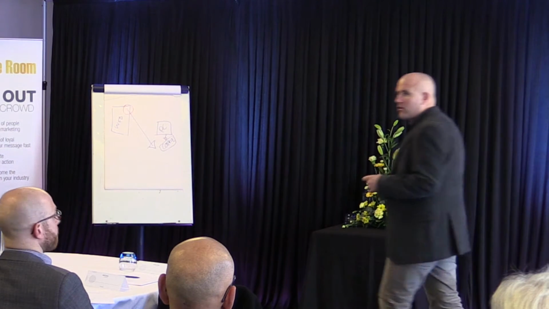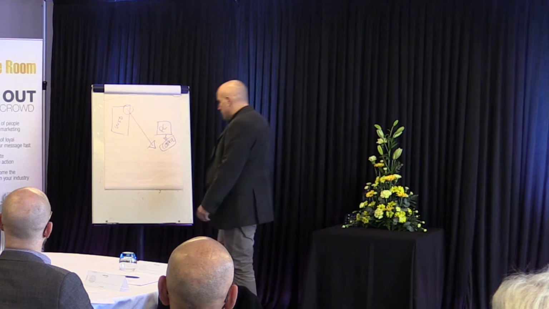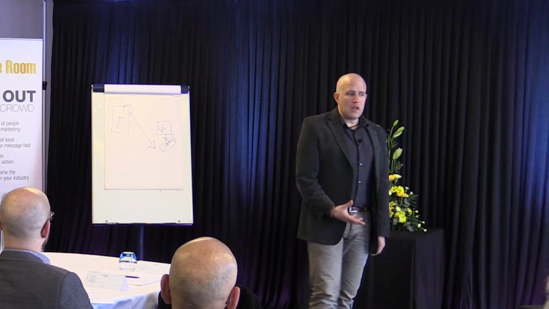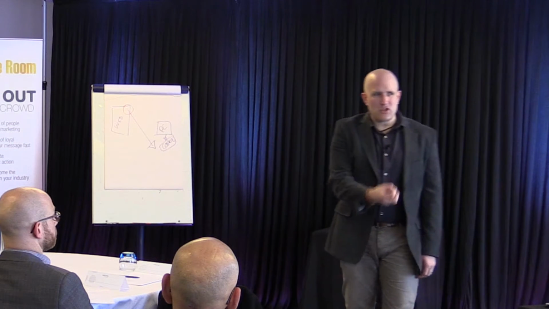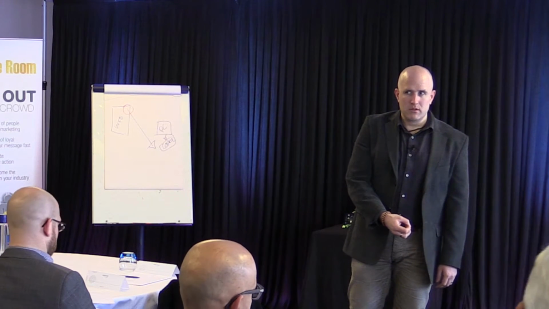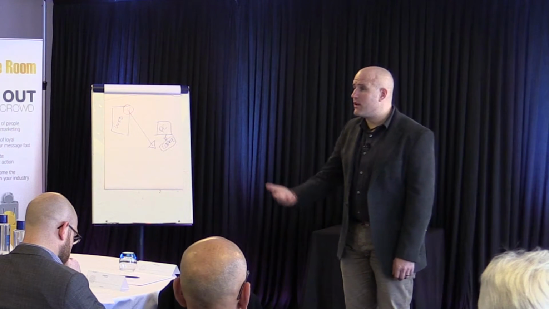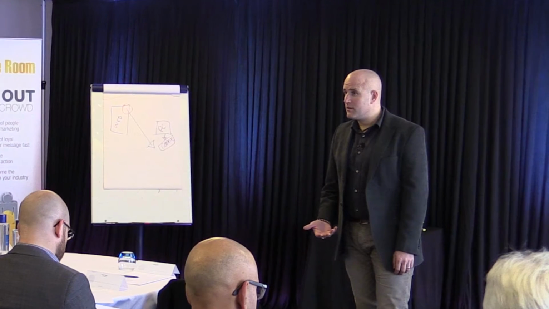The other way you can build custom audiences, because there is a third way, is based on people's engagement on Facebook. Let me give you an example of that. Let's just say I post a video on Facebook. What I can then do is target people based on how much of that video they watched.